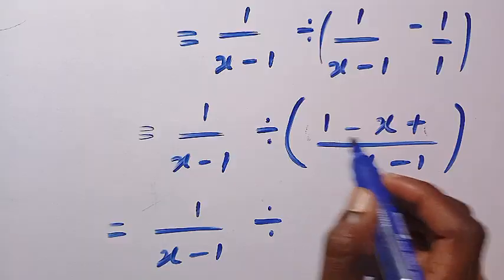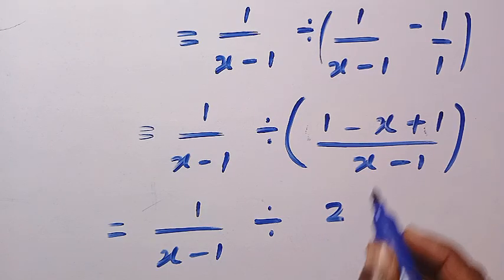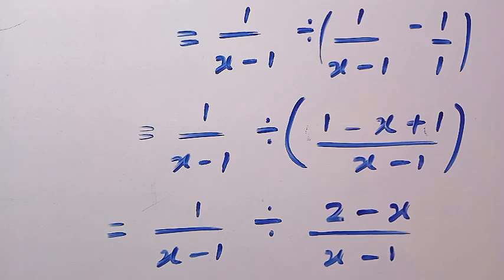We have 1 and 1, so adding them gives 2, then minus x, all divided by (x minus 1).